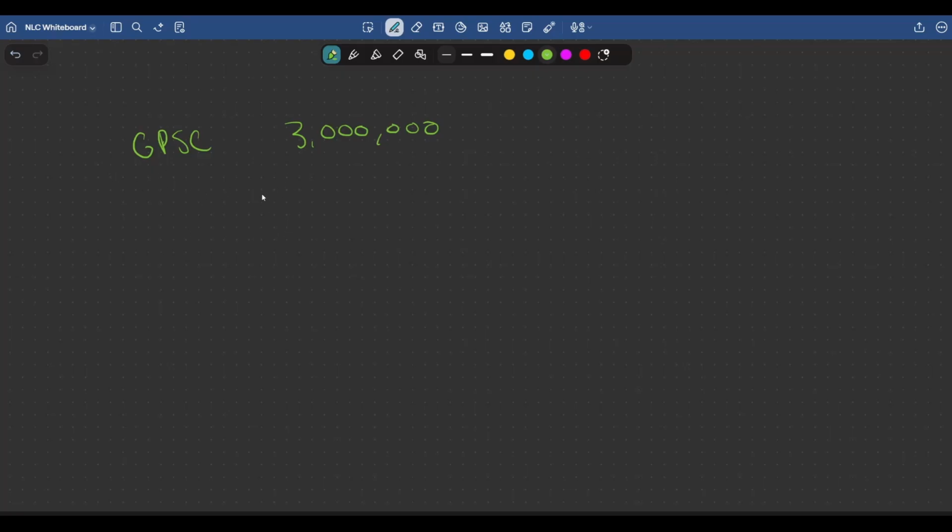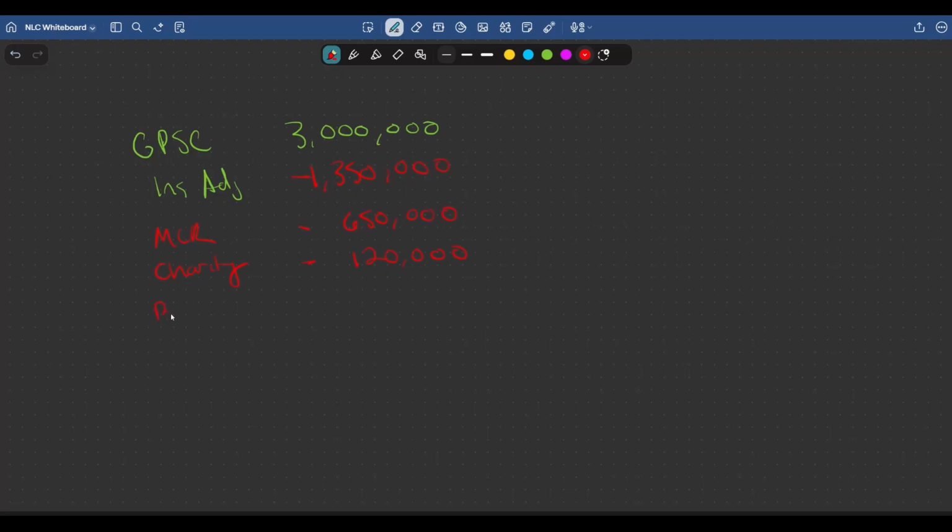Then we're going to subtract a bunch of things, right? So insurance adjustments. I'll do these in red. That's going to be minus $1,350,000. And then we have our Medicare and Medicaid adjustments. That's another $650,000. Then we have, say, charity care. That's another $120,000 we're subtracting.